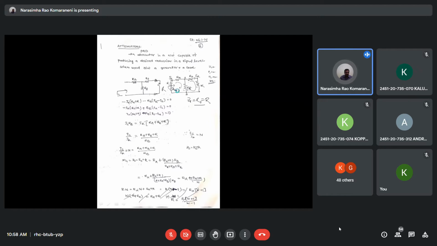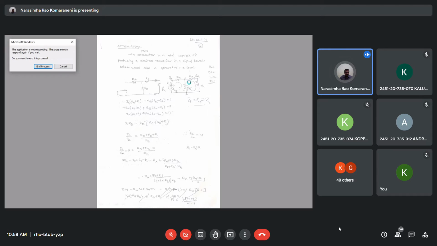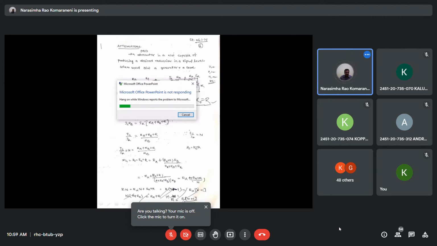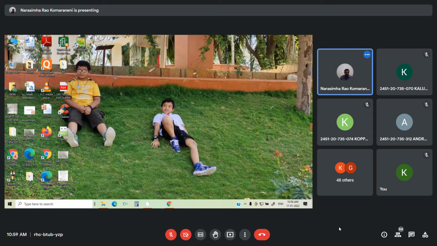Now, the current flowing through the first branch is denoted by IS, and the current flowing through the second branch is denoted by IR. Here we are trying to find the ratio of IS by IR. To get this ratio, we apply KVL to the output loop.